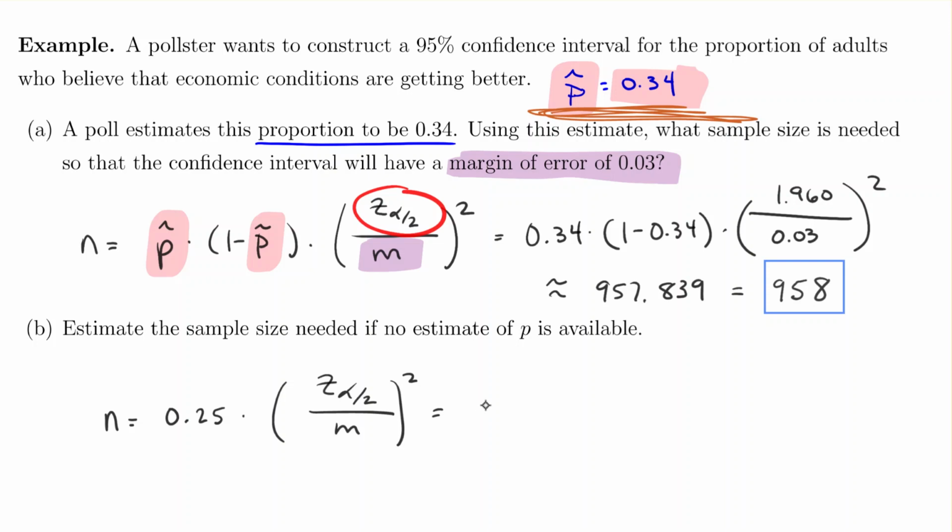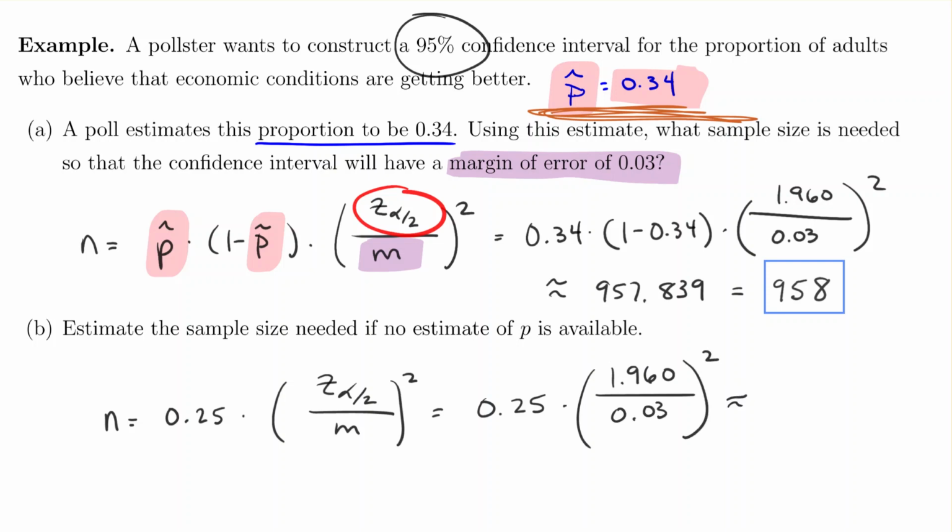So the only thing that changes here is I've got my 0.25 times the critical value, because it's the same 95% confidence interval, 1.960, same margin of error, square that, type that into the calculator, you get about 1067.11. We, of course, round that up to 1068 because it's a sample size.